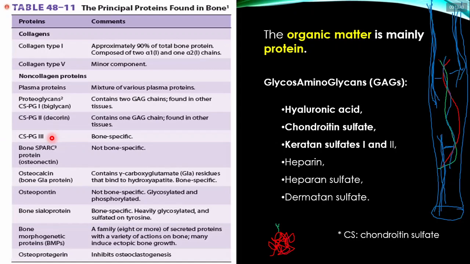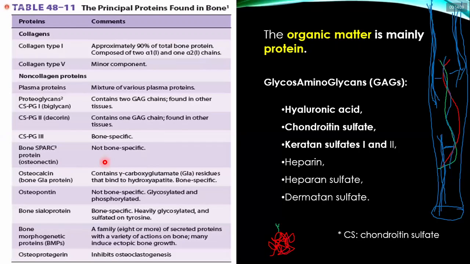The other non-collagen protein is known as osteonectin, and it's responsible for connection inside the bone structure. Again, because it's responsible for the connection between certain extracellular matrix proteins, it's non-specific for the bone, so it's not a bone-specific marker. And here you have to focus on the bone-specific markers.